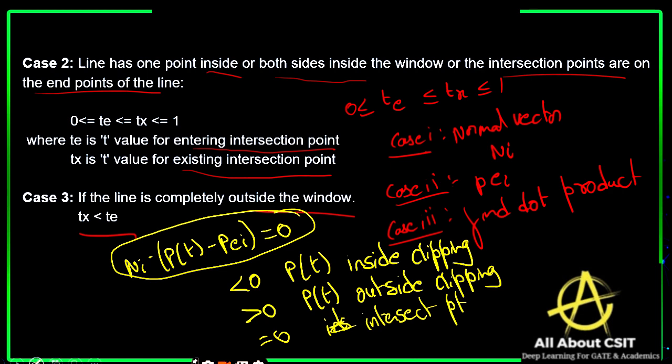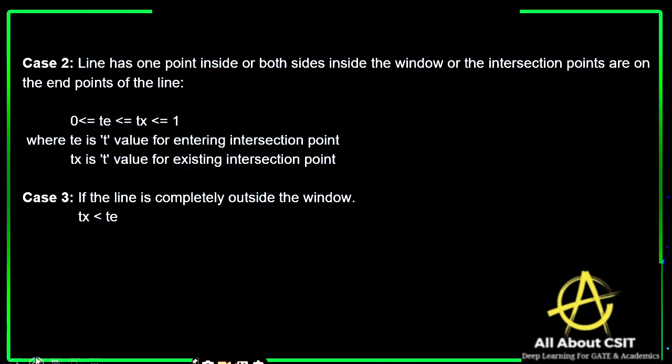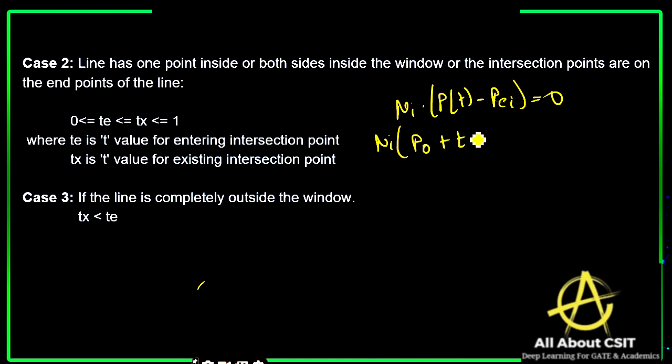Now what are we doing here? We have to find the intersection point, so at the intersection point the dot product is equal to 0. Ni into (P naught plus t into (P1 minus P naught) minus PEi). What is P of t? P of t is nothing but the parametric equation, so substitute the parametric equation in place of P of t.